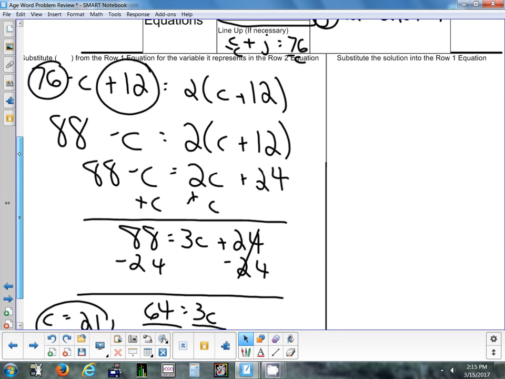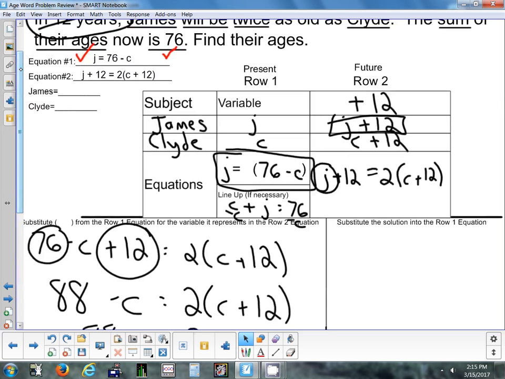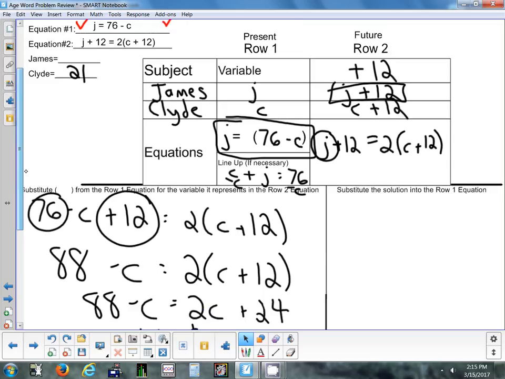Let me go back up to the top. I got 21 for Clyde. I'm going to write that in. I got to get James. What do? Ashley? Use the first equation. All right, so J equals 76 minus C. Then you plug in, anybody know?